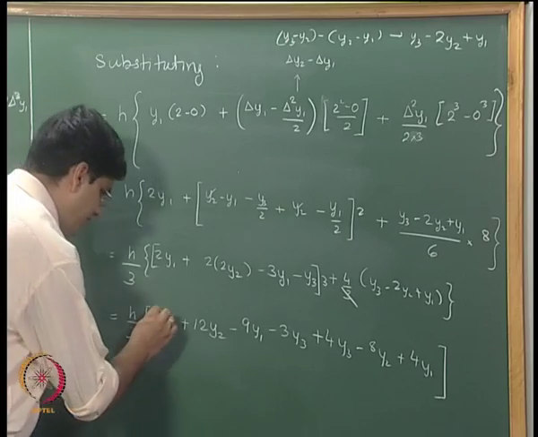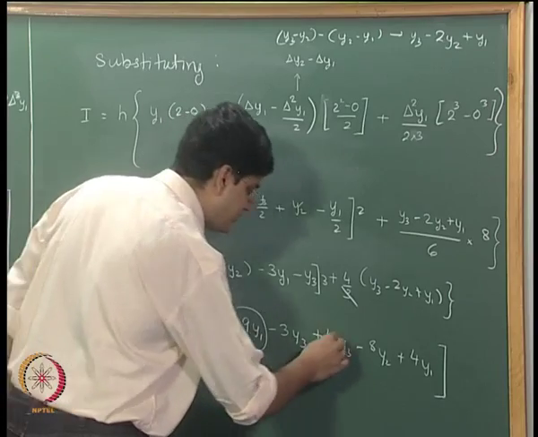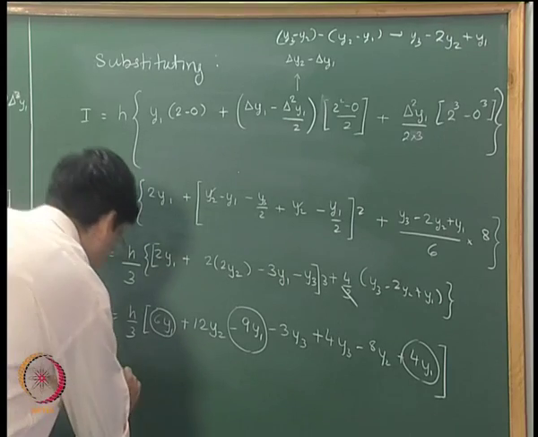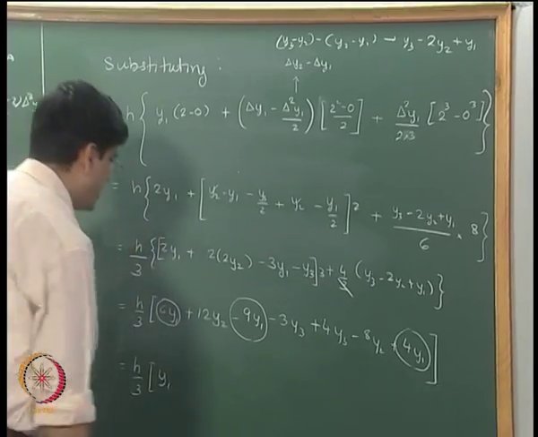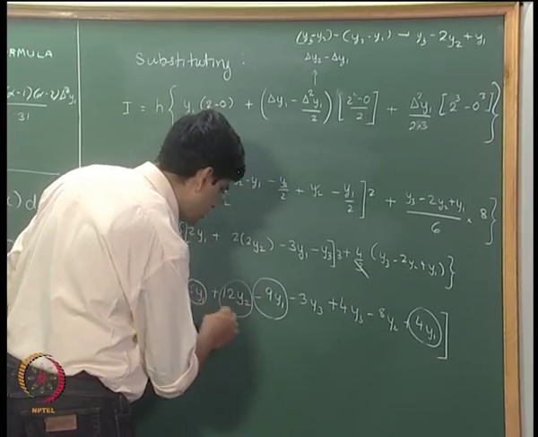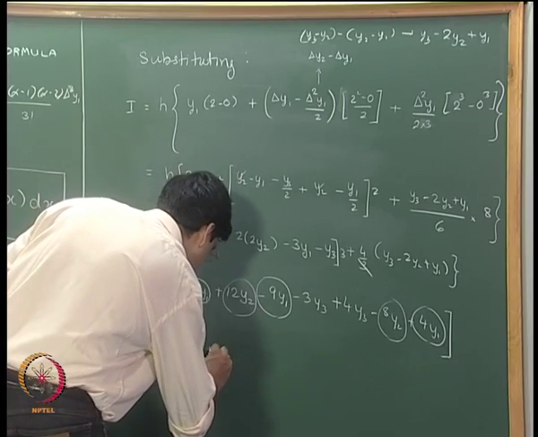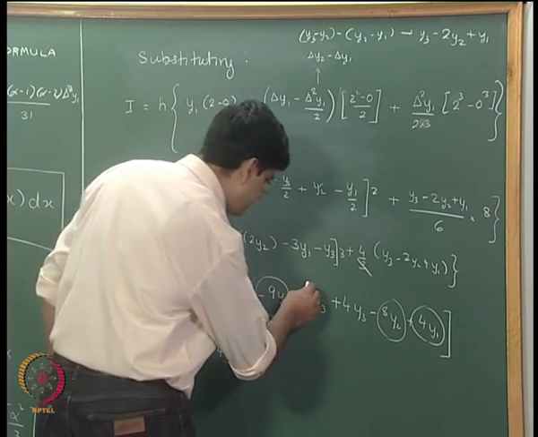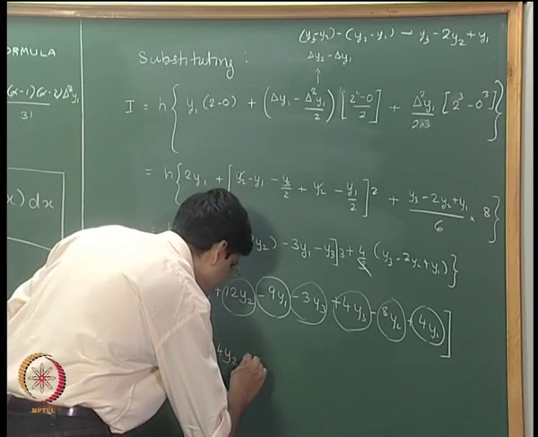So the terms in y1 are 6 y1 minus 9 y1, that is minus 3 y1, plus 4 y1. So minus 3 y1 plus 4 y1 is going to be equal to y1. So it is h by 3 multiplied by y1. Now, we have plus 12 y2 minus 8 y2, that is plus 4 y2, and we have minus 3 y3 plus 4 y3, that is plus y3.